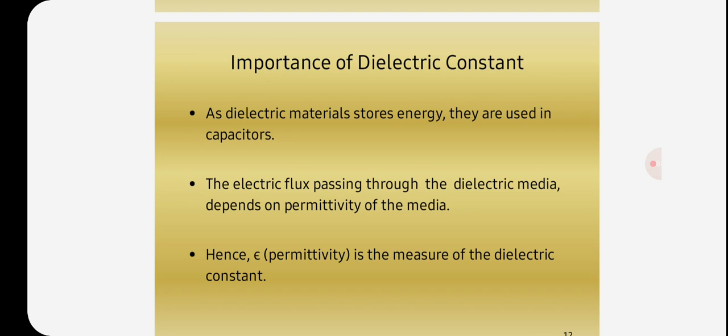The dielectric materials are essentially insulating materials in which the electrons are rigidly bound to their nucleus. Hence, an ordinary field will not detach the free electrons from the nucleus, and hence there is no conduction of current through it.